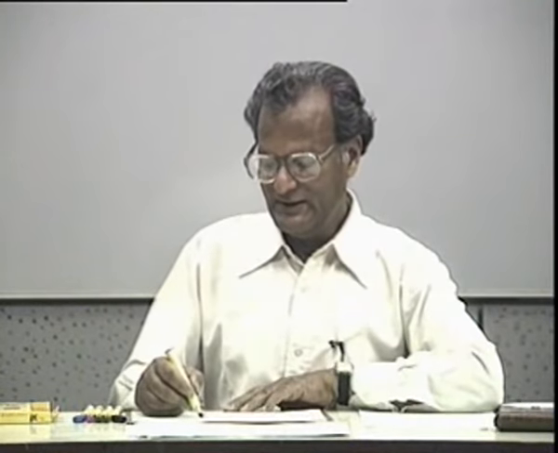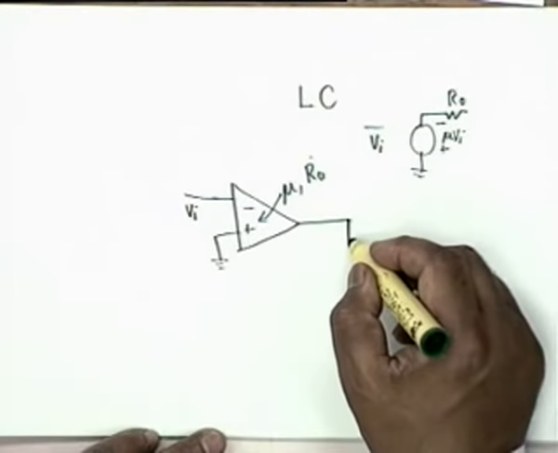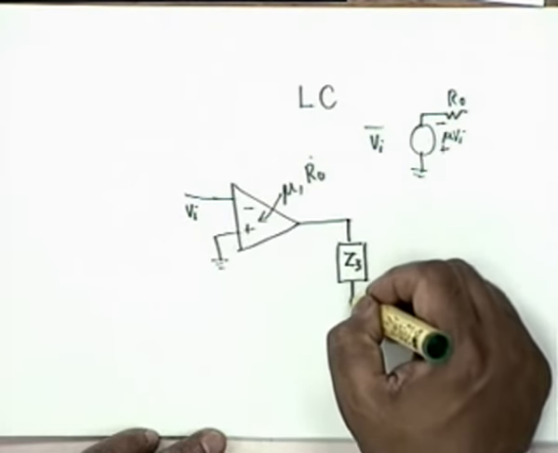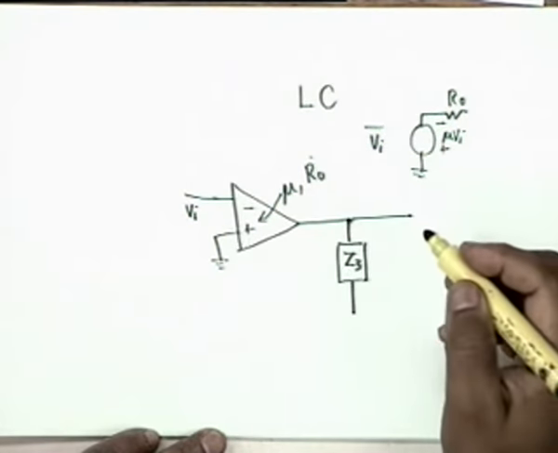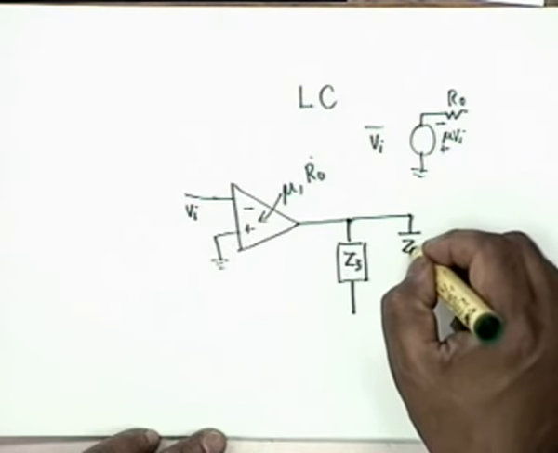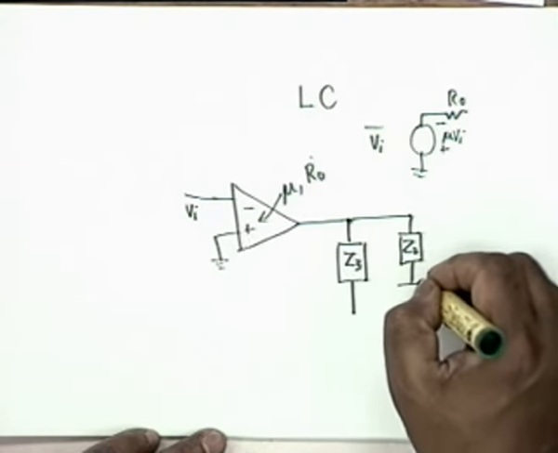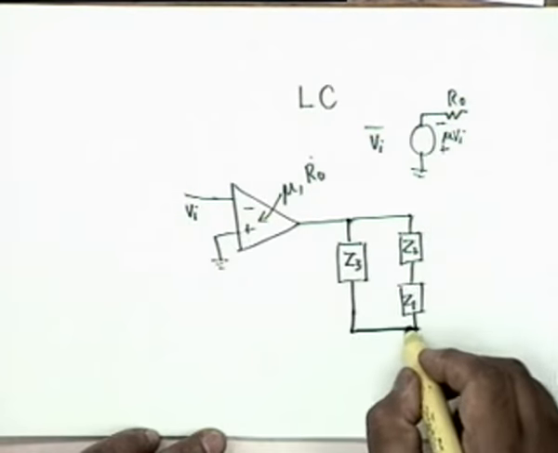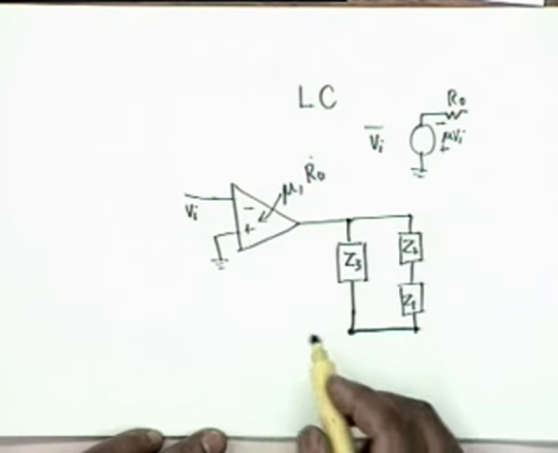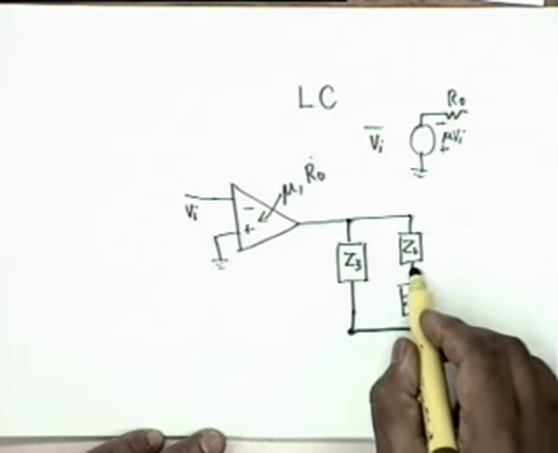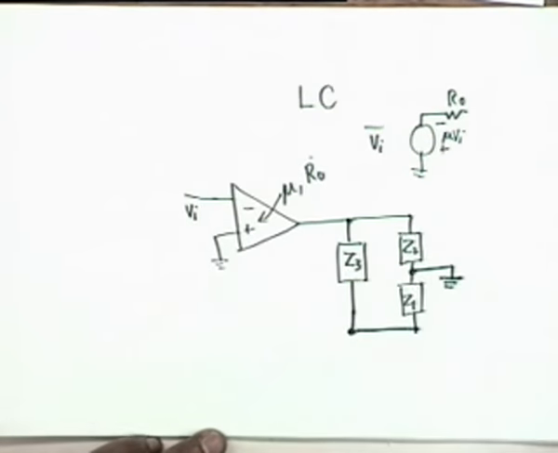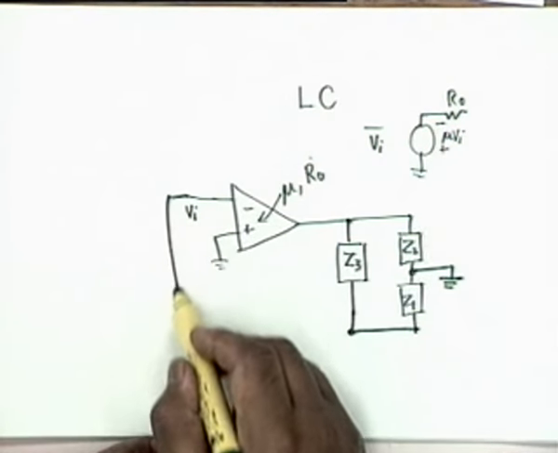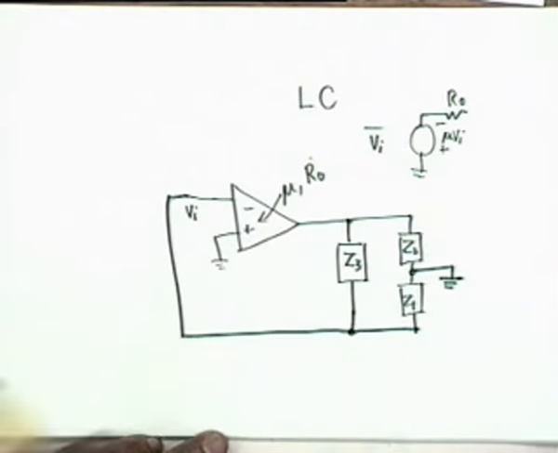Okay. Then this goes to a passive network like this, 3 impedances Z3, then Z2 and Z1. The middle point is grounded, and this is fed back to the input.